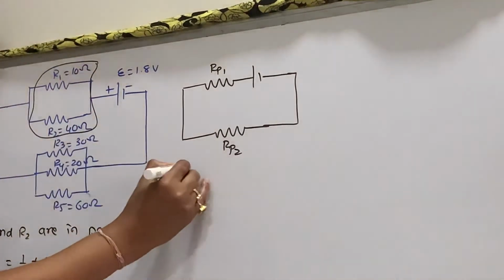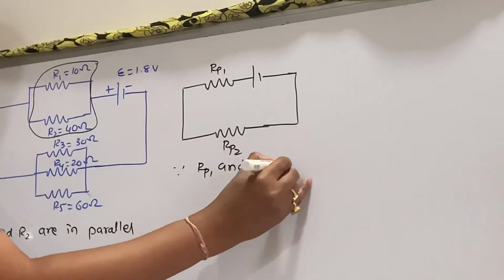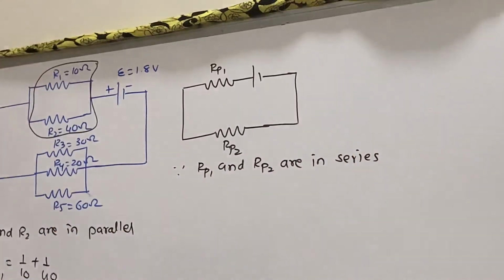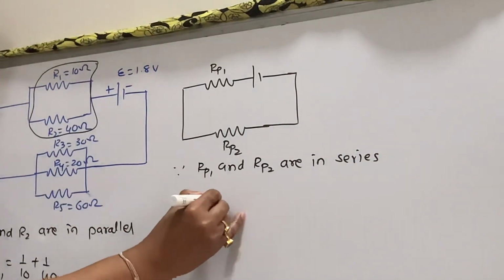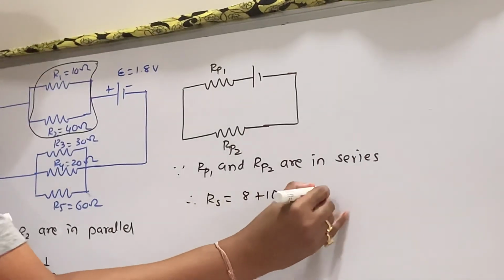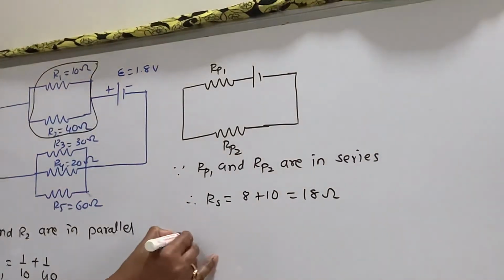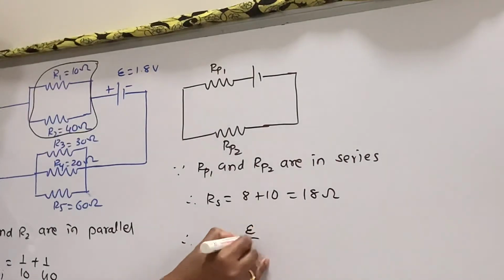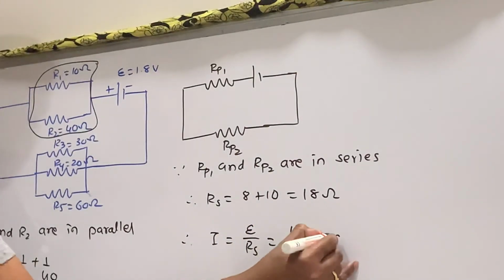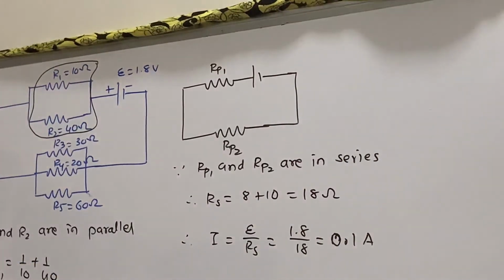So write here, since your RP1 and RP2 are in series, RS is equal to 8 plus 10, that comes out to be 18 ohm. Total resistance is 18 ohm. Therefore current I is equal to EMF upon RS, which is 1.8 upon 18, that comes out to be 0.1 ampere.